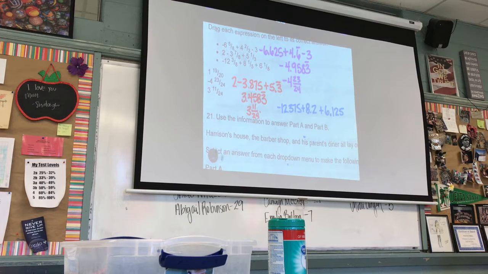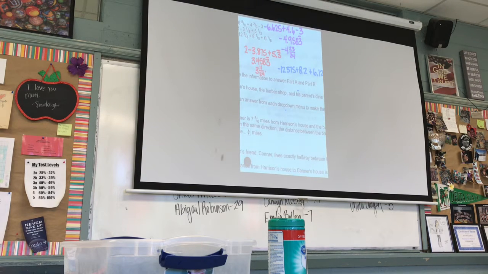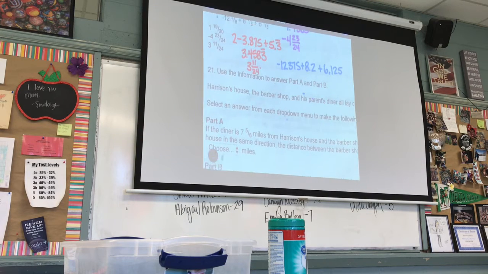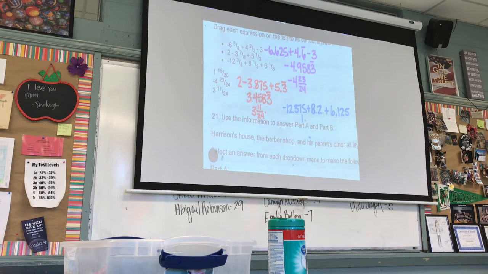Gussie's got it. Tell me what you get, Gussie, when you finish. 1.95 is correct, and that is 19/20.